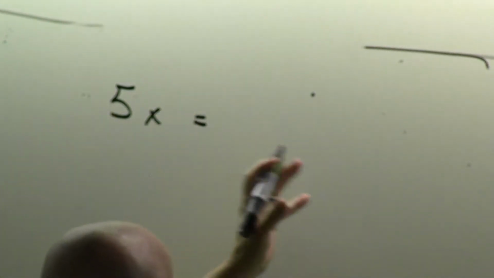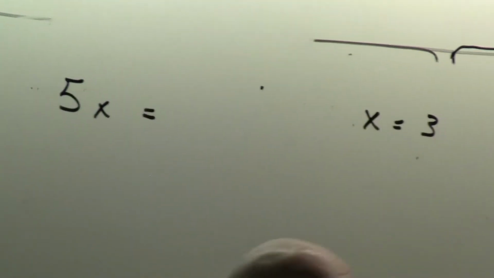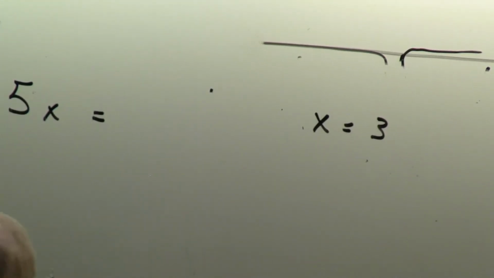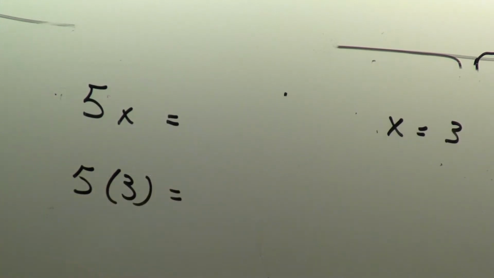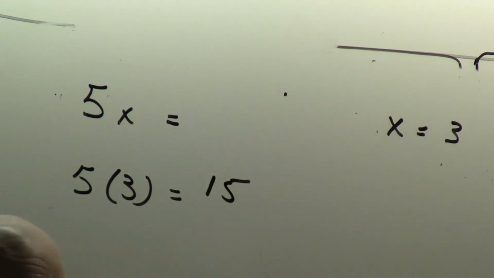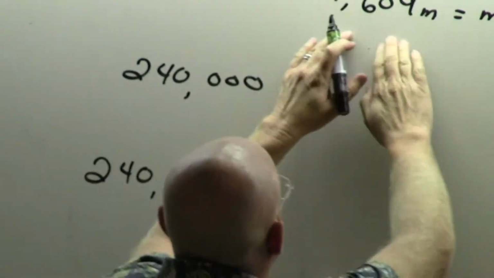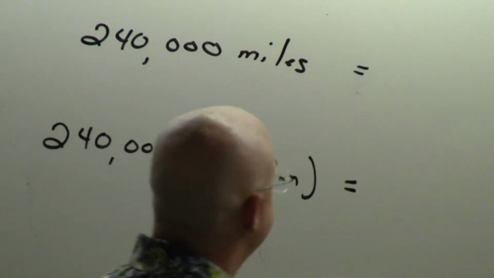If I said something like 5x equals question mark, but I also told you x equals 3, of course, what you would do is put in the value of 3 for x. You call that substituting. Then you would finish it up and get an answer of 15. I'm really saying the same thing. In place of miles, I would put 1,609 meters.